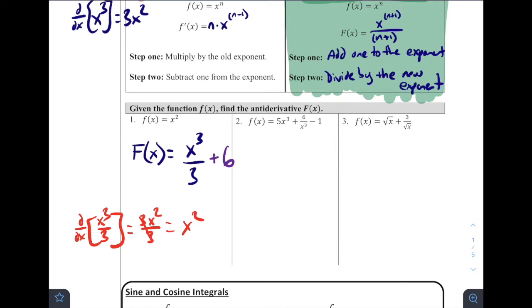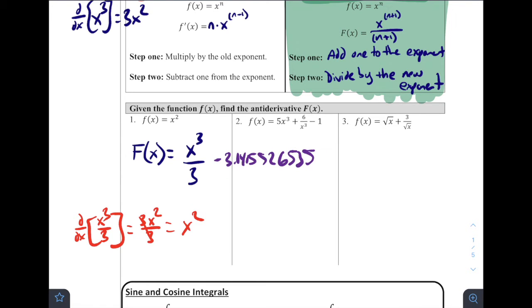What happens if this was plus 1,000? Well, since this is a constant, if I took the derivative of that, we would still have x squared. Okay, well, what if we subtracted a constant? What if this was like minus 3.14159265535? What if we had a decimal approximation of pi? Well, this is a constant, and if we took the derivative of it, we'd still have x squared.